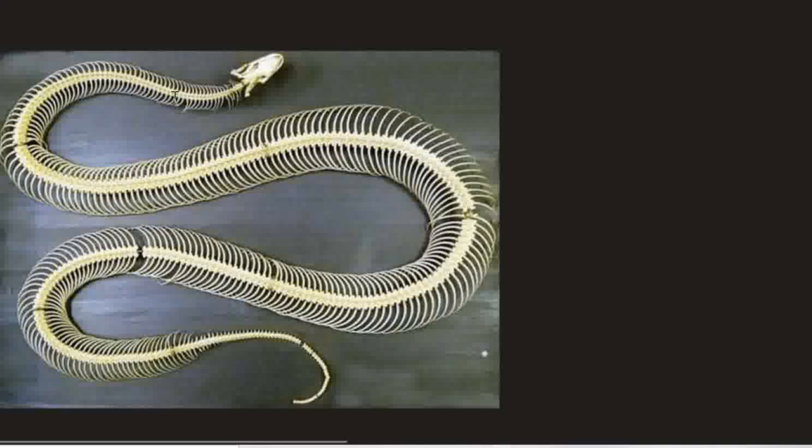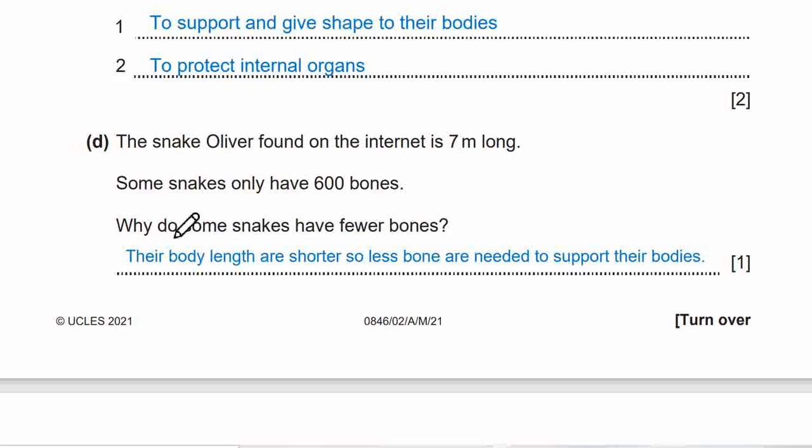The longer the snake, the more bones it has because it is arranged this way. So the shorter the snake, the fewer bones it has. Their body lengths are shorter, so fewer bones are needed to support their bodies. That is the reason why some snakes have fewer bones.